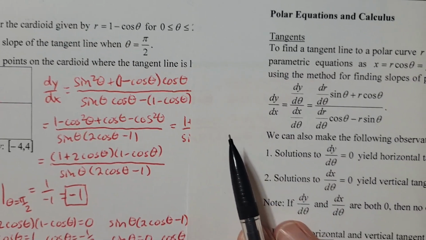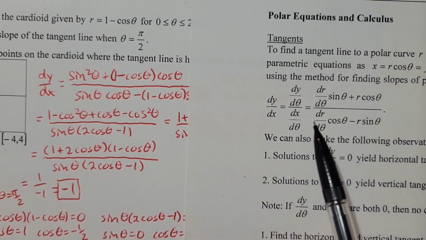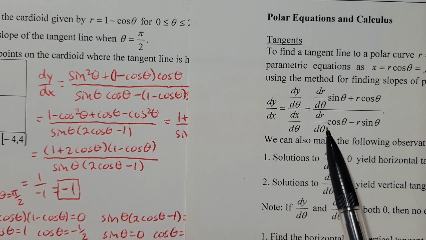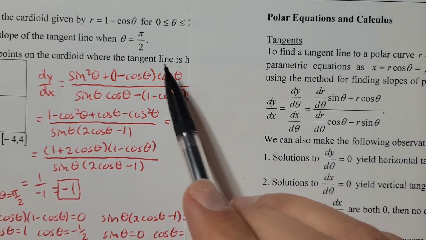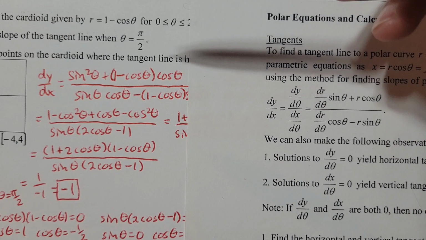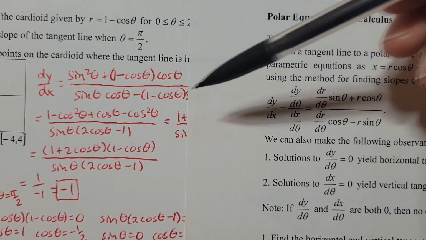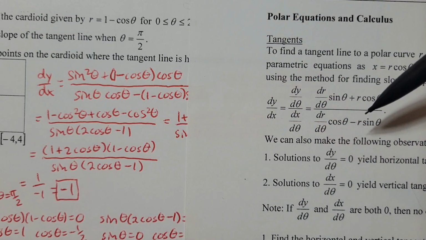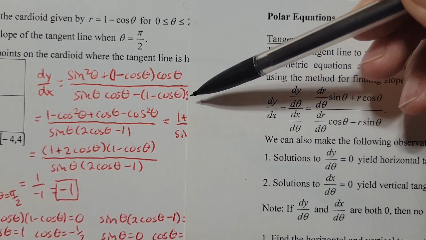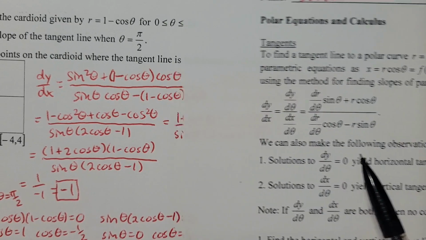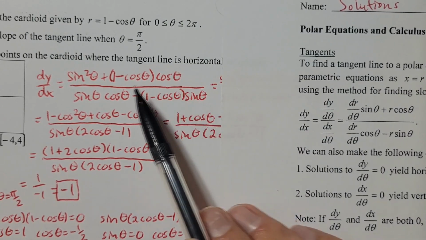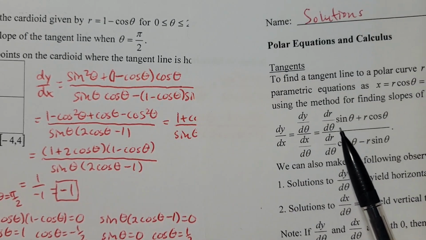And then dx/d theta is dr/d theta, which is sine theta, times cosine theta, then minus r, which is 1 minus cosine theta, times sine theta. So that's where that formula is coming from, this one here.